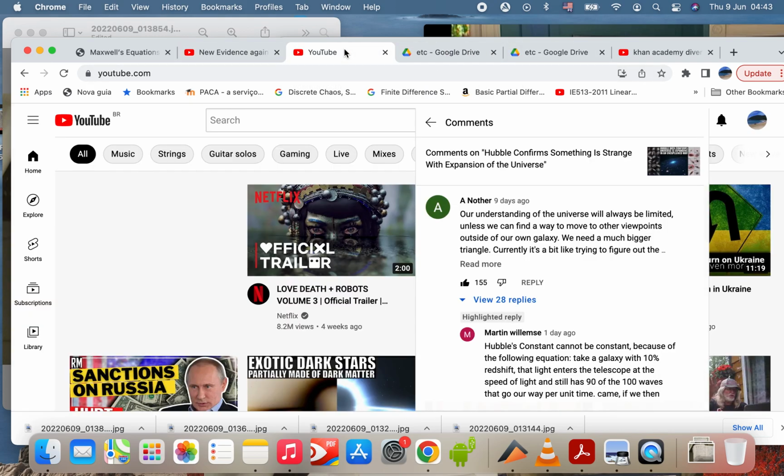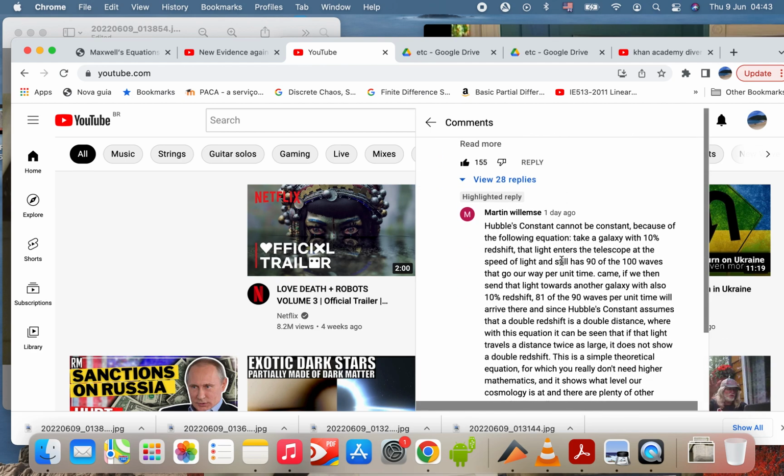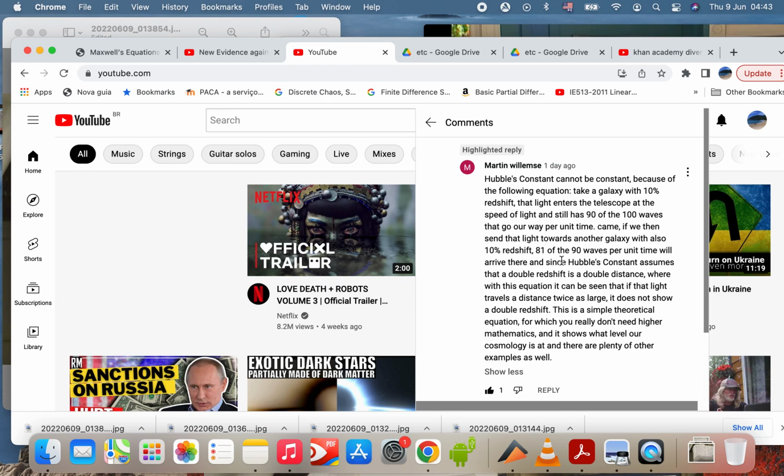But here's another comment about how Hubble's constant cannot be constant. And the way he shows this is by talking about the redshift, which is a concept from the relativistic Doppler effect.